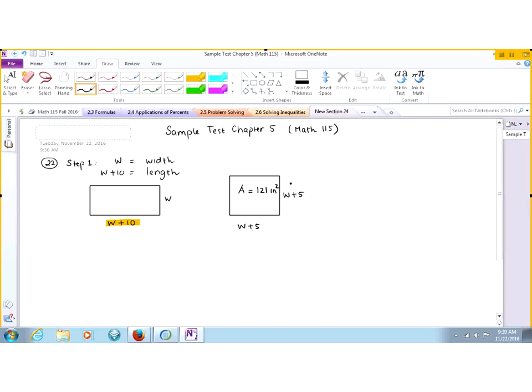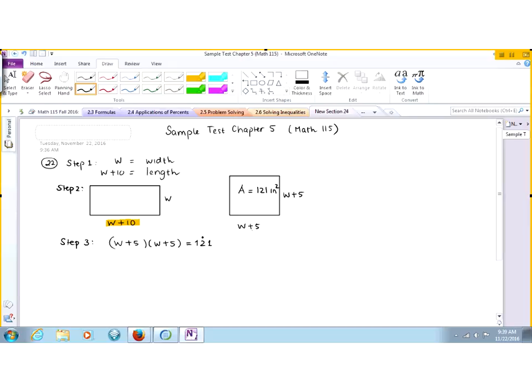So what are the dimensions of the original figure? I need to find W, right? So this is your step 2. Now, what do you think the equation will be? W plus 5 times W plus 5 is equal to 121.